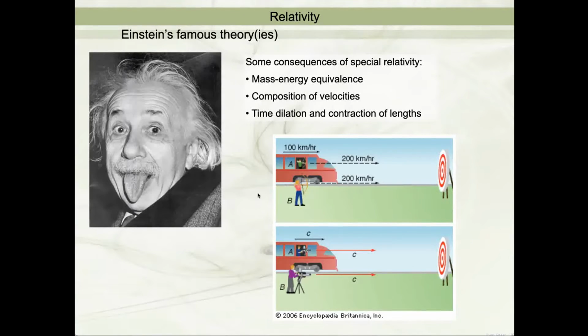And a consequence of the speed of light being constant is that time can be dilated and distances or lengths can be contracted. And this leads to all kinds of things. If you like reading about science literature, you might have read about the twin paradox, where one twin stays on Earth and the other twin goes in a spaceship and travels very quickly near the speed of light and comes back later.